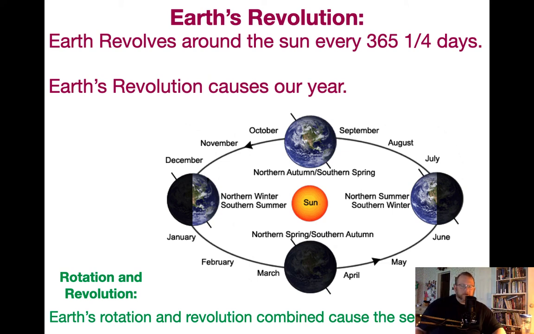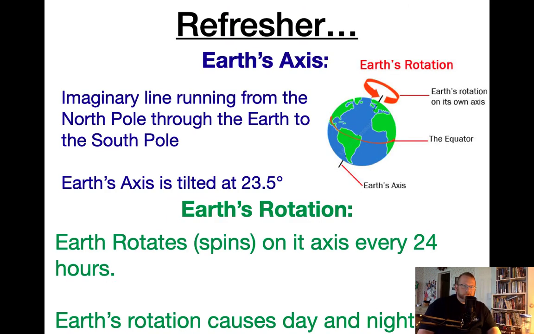Okay. Now, the rotation, the revolution, and the tilt of the axis is what causes the seasons. We're going to talk more specifically about the seasons on Thursday. But really, all this lesson is about is Earth's rotation and revolution. 6th grade material. You should already know this, but most of you missed this. So you have to grasp this difference between rotation and revolution.